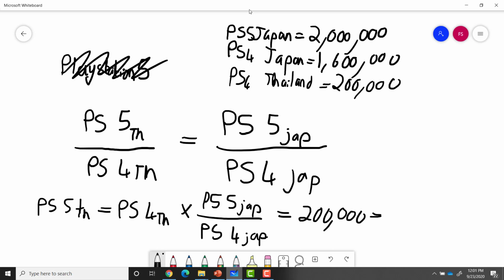Another way of thinking is saying that the PS5 in Japan has done about 20 percent higher than the PS4 in Japan. It's going to be a similar ratio for Thailand.